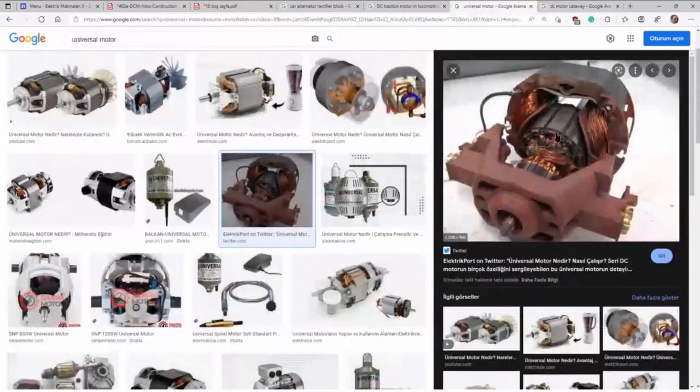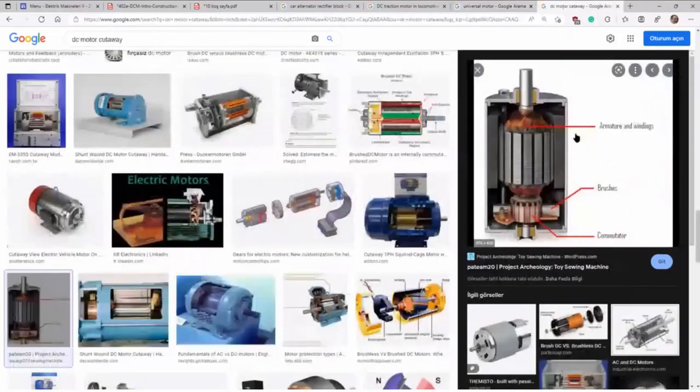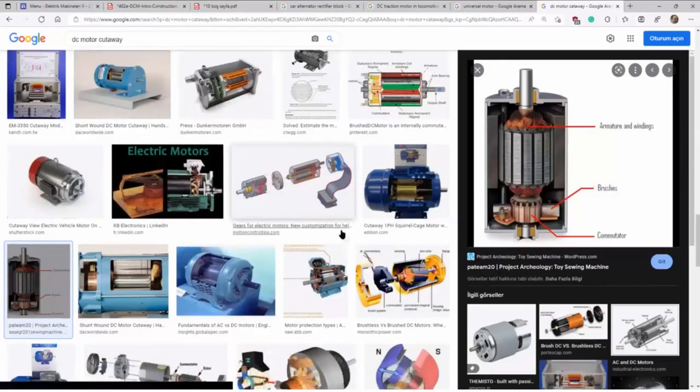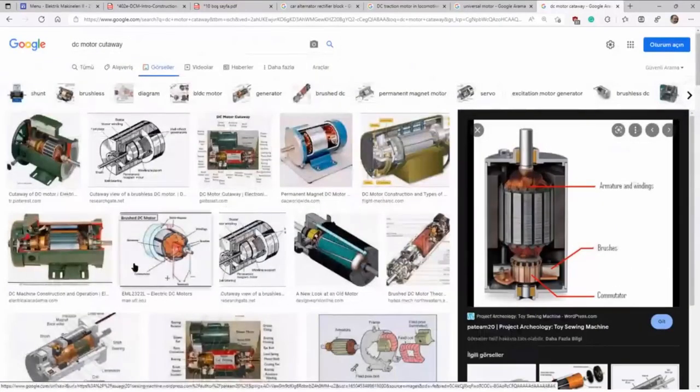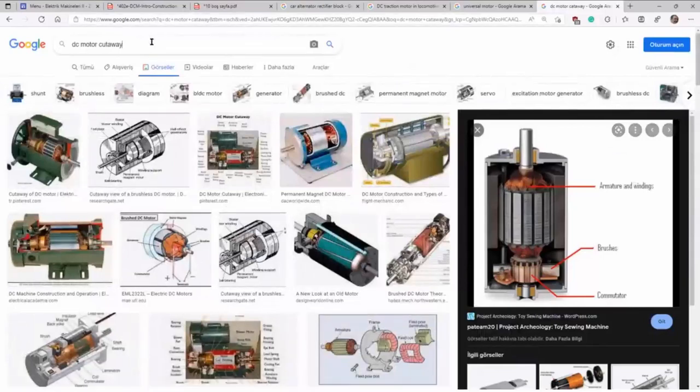Almost identical. Only the material used in the stator is a bit different. For example, in the stator we use permanent magnets in small powers, and then we use cast iron systems. It is this sort of cutaway with poles.